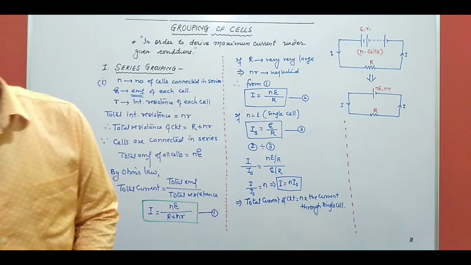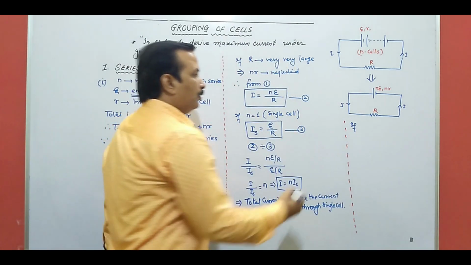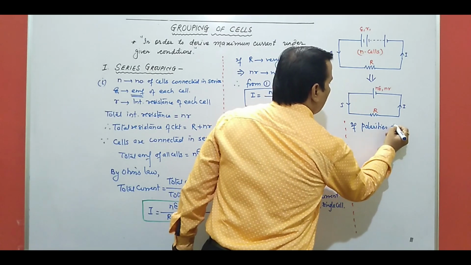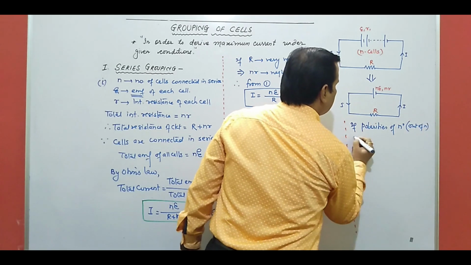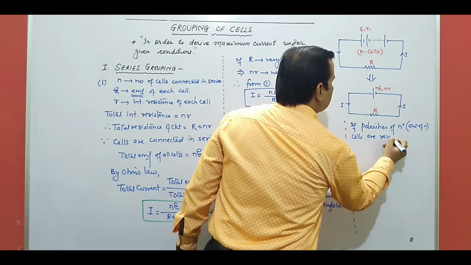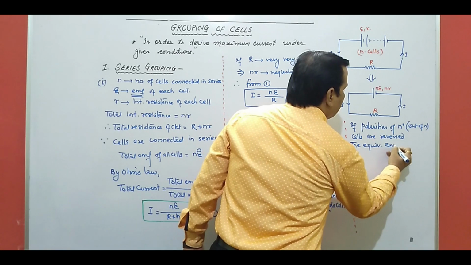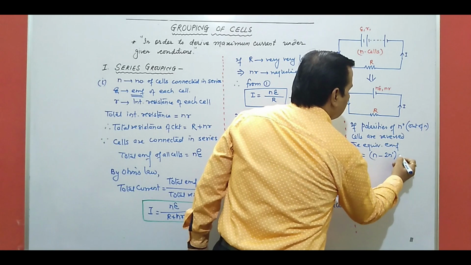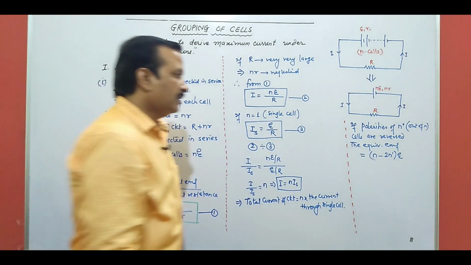If the polarities of n' cells, that is, out of n cells, are reversed, the equivalent EMF will be equal to (n minus 2n') times the EMF.